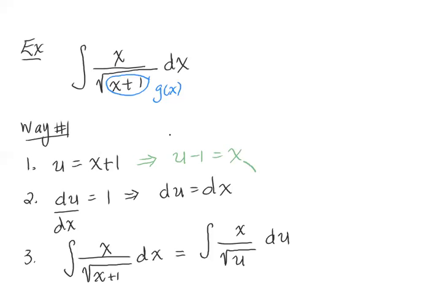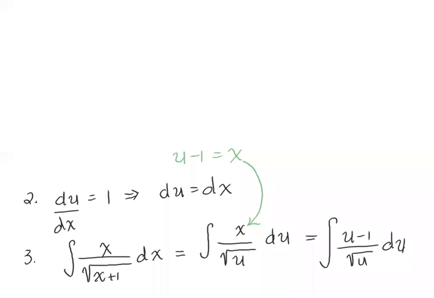So maybe I could substitute that for x down below. Let's do that. This is equal to the integral of u minus 1 over the square root of u du.